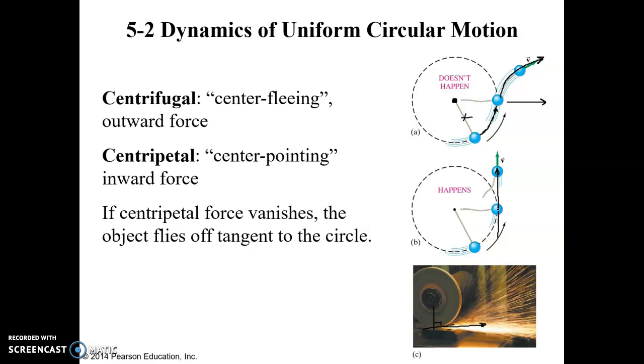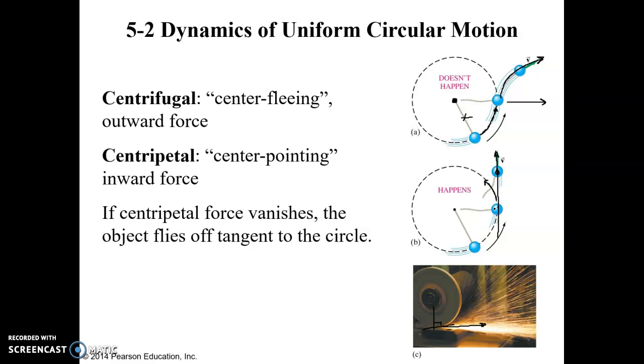the concept to understand here is that the linear velocity of the ball, or whatever the object is traveling in the circular path, at any given point in time is tangent to the curve.